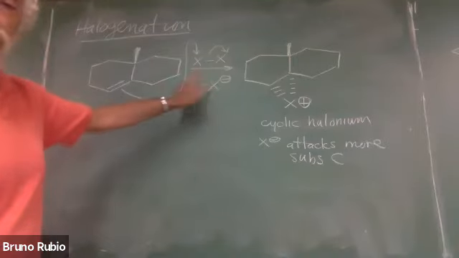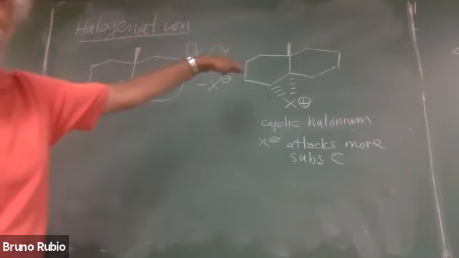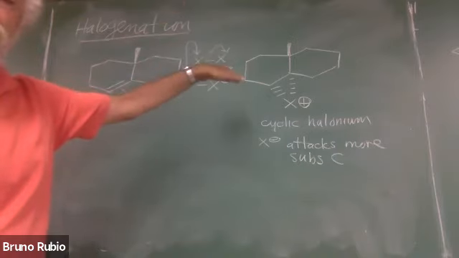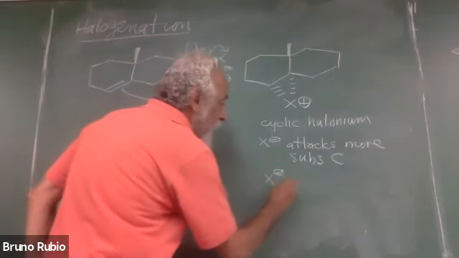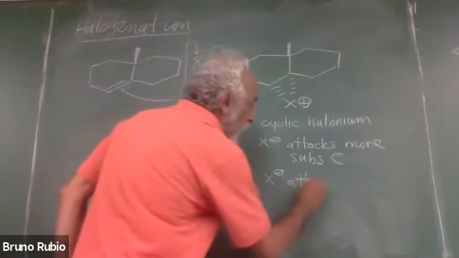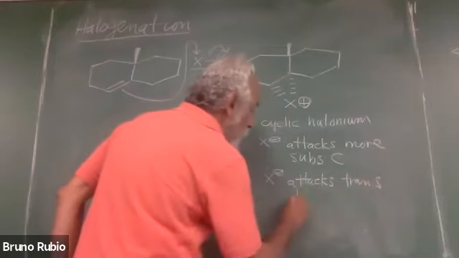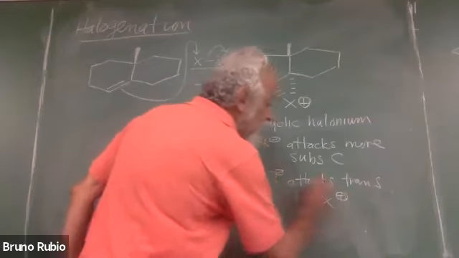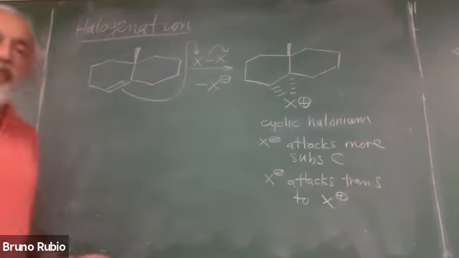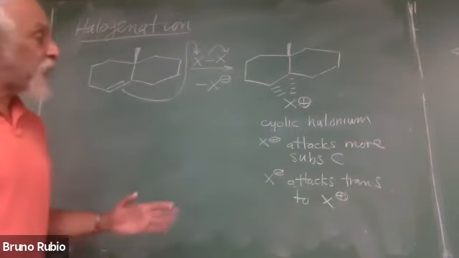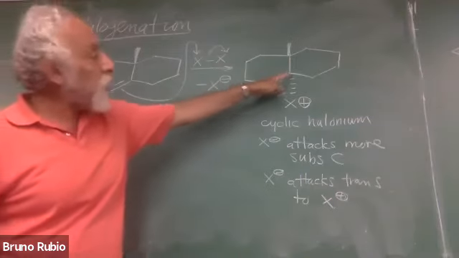Okay, but the direction of the attack is going to have to be anti or trans to where the X plus is. X minus attacks anti or trans to the X plus. That's just a deduction that we can get from sterics: X minus wants to attack either this carbon or this carbon.